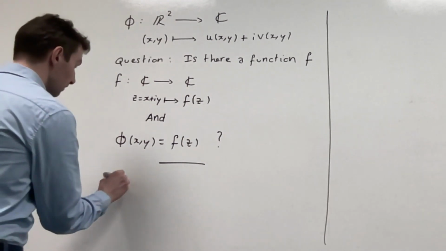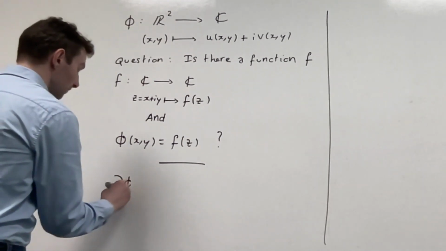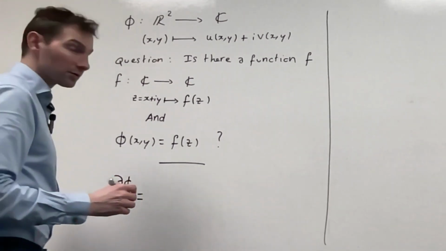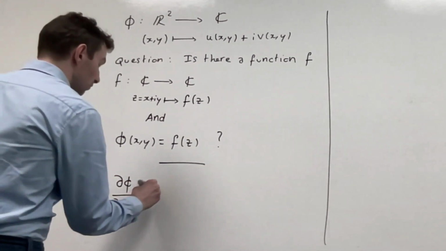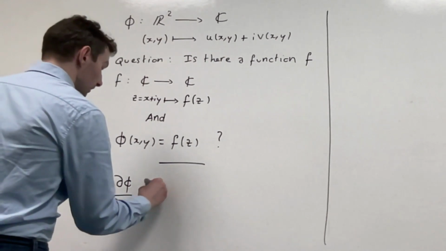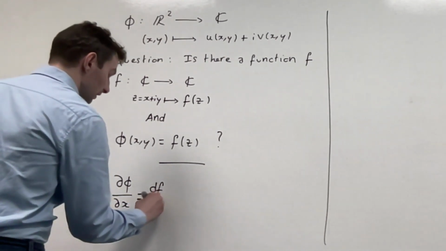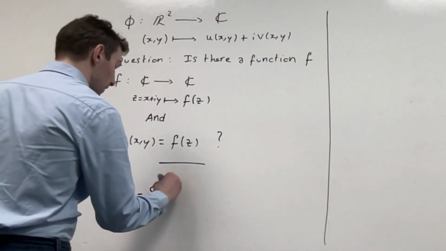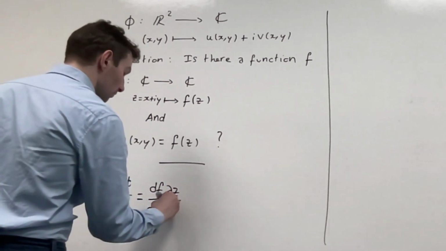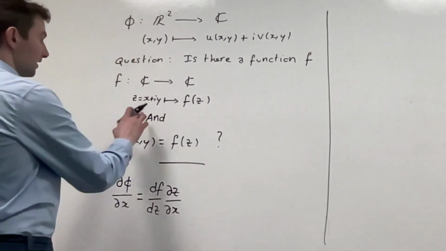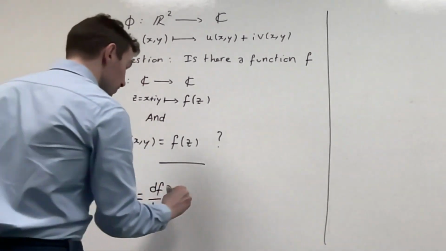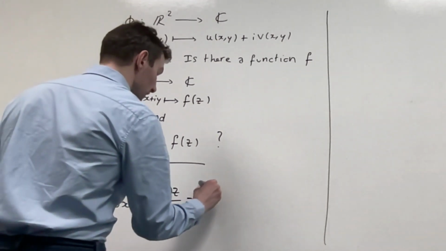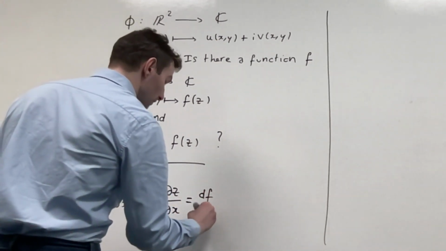For example, if I write d phi dx, then by the chain rule, this is going to be equal to df dz, and then the partial derivative of z with respect to x. And z is equal to x plus iy. So in fact, I've got that d phi dx turns out to be df over dz.